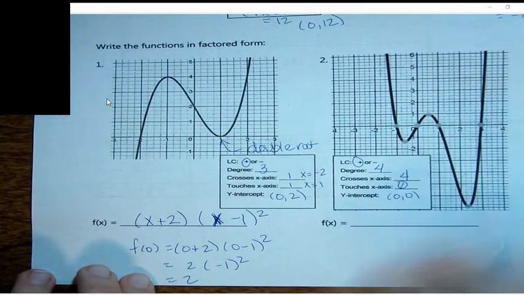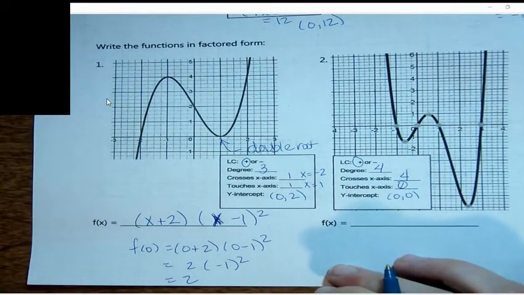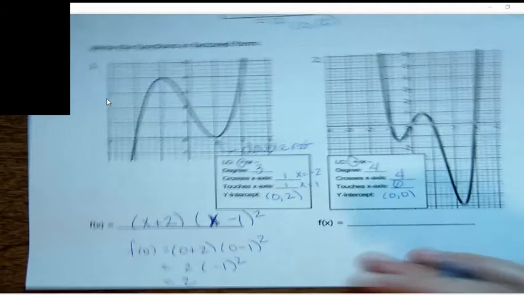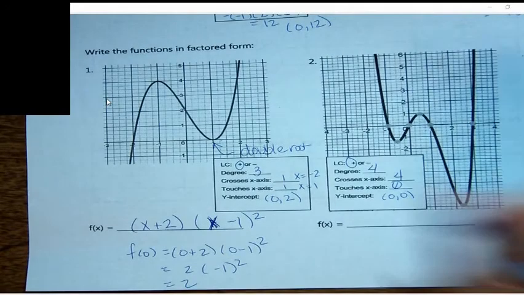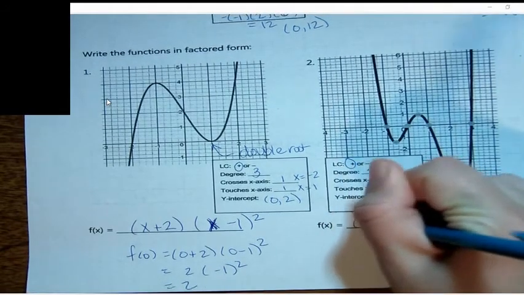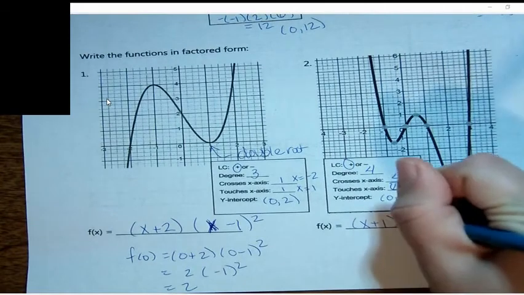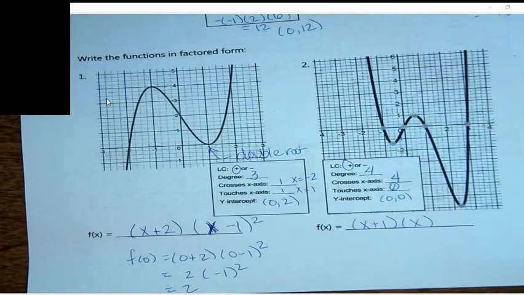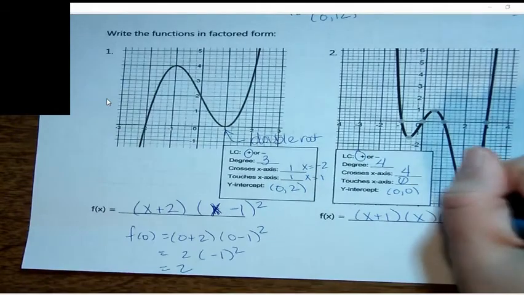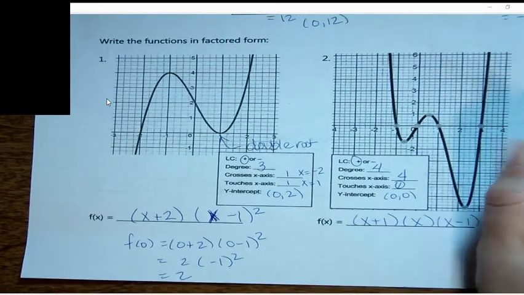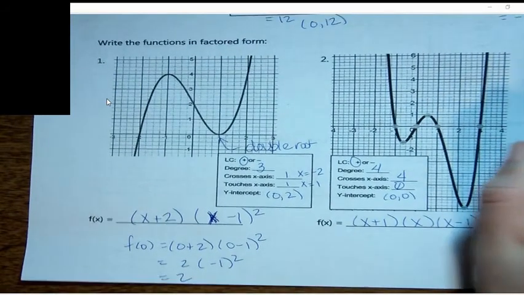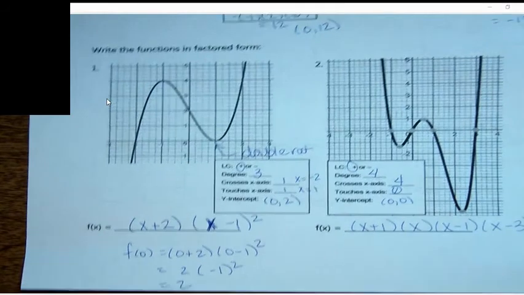All right, so we cross the x-axis at -1, so I'll have an x plus 1. At 0, so I should have an x. At 1, so I should have x minus 1. And at 3, so I should have x minus 3.